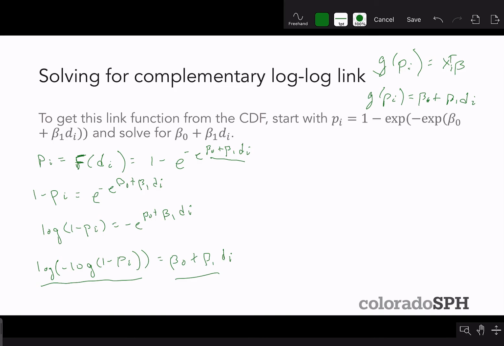That's what you saw in the previous slide, and so that's how you get your link function.